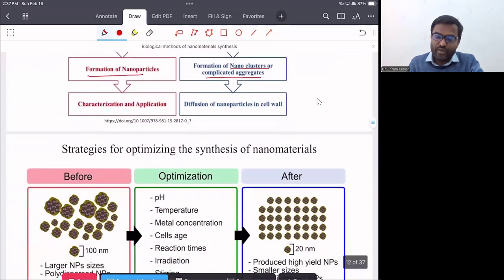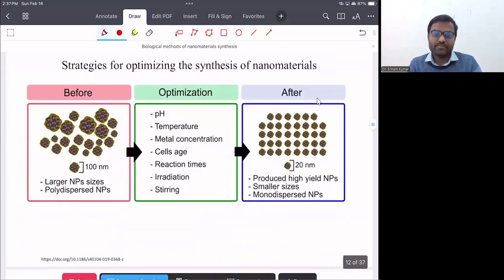So till now, the very key points we understood are, first, why a biological sample makes nanomaterial, why it reduces metal ions into nanomaterials. Second, we understood the mechanism of nanomaterial synthesis by the bacteria, the intracellular mechanism and the extracellular mechanism.